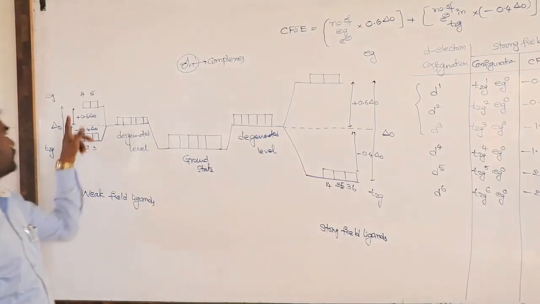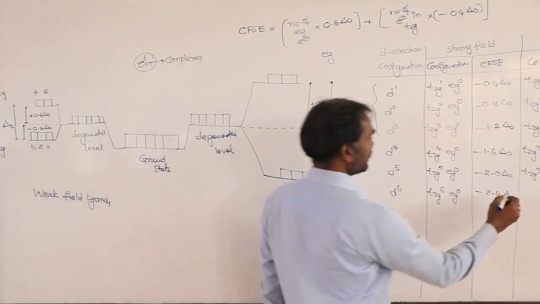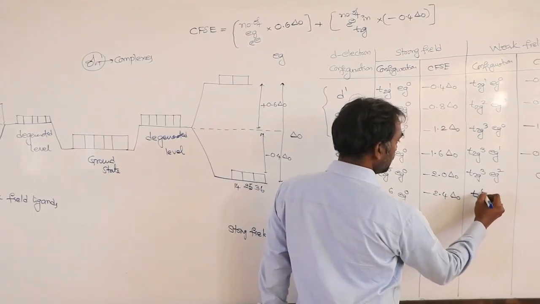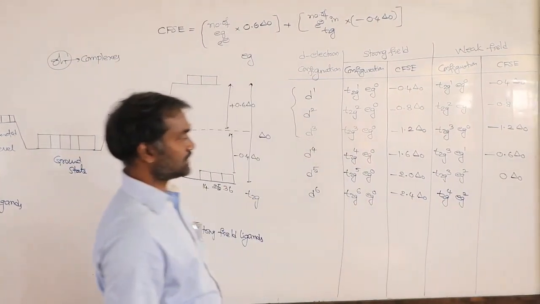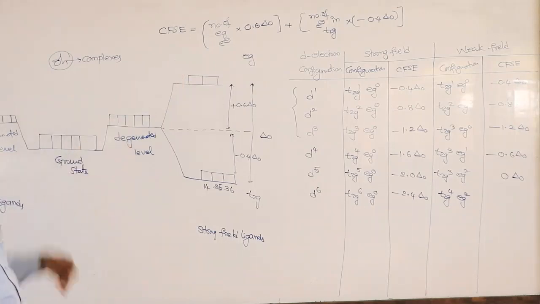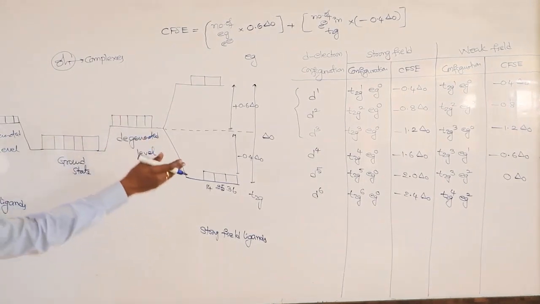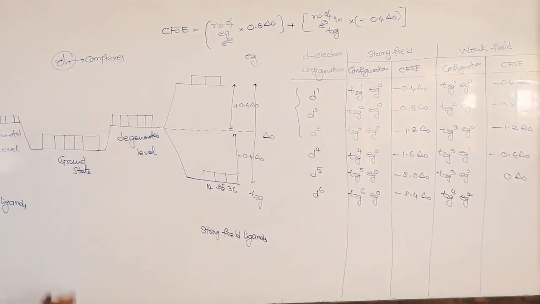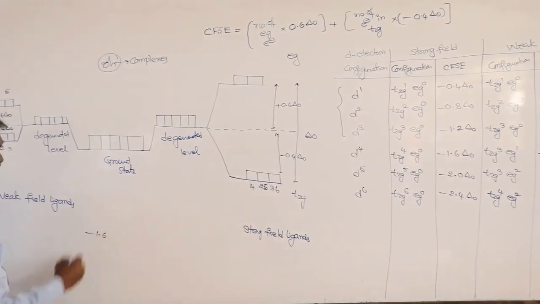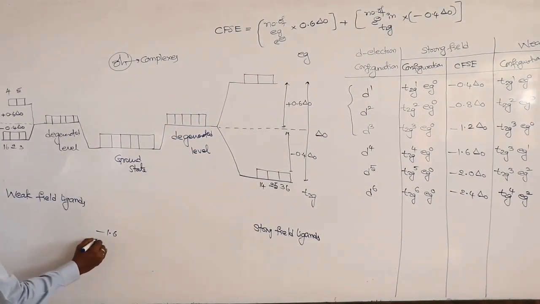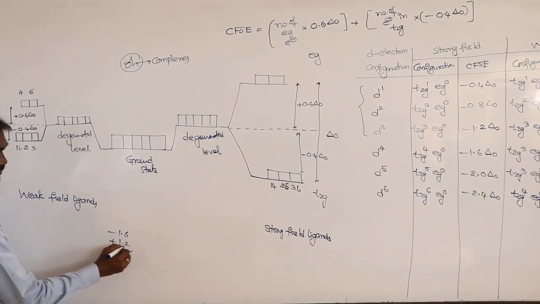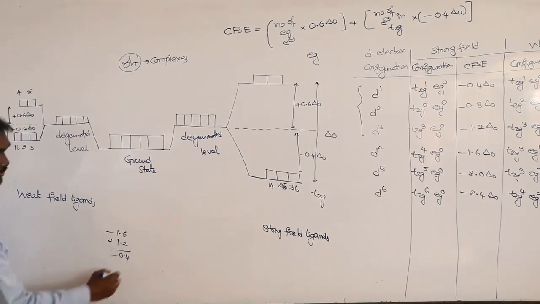So you are getting T2G4 EG2. That means 4 into minus 0.4, minus 1.6. Next, 2 electrons are here, plus 1.2. So that is what? Minus 0.4.